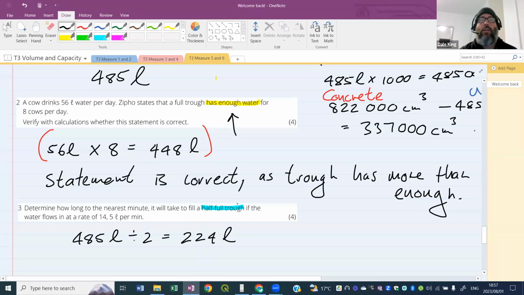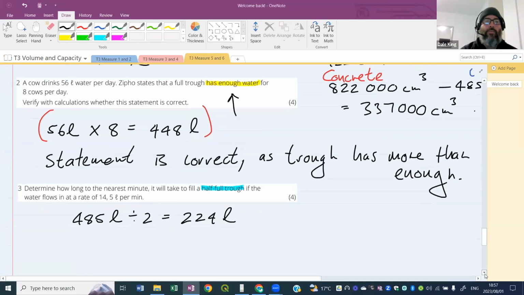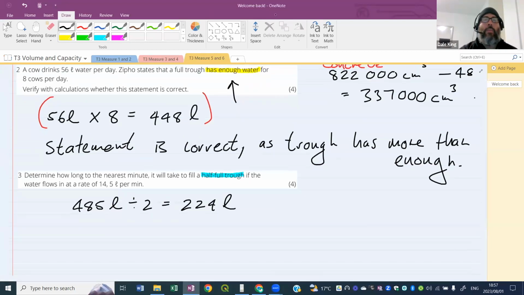They're saying if half a trough fills at 14.5 liters per minute, how many minutes will it take? We've got all kinds of different answers here. I love it when we get different answers. One more minute, guys. On the screen, you can see I've already worked out what half a trough is.